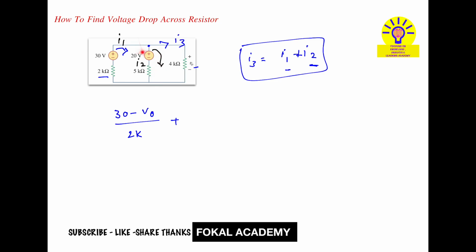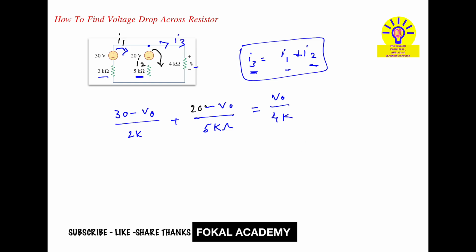The upper voltage is 20 volts, lower voltage is V0, so that is (20 minus V0) upon the resistance, 5 kilo ohms. Across this resistance, that's equal to I3. So I3 is V0 by 4 kilo ohms.